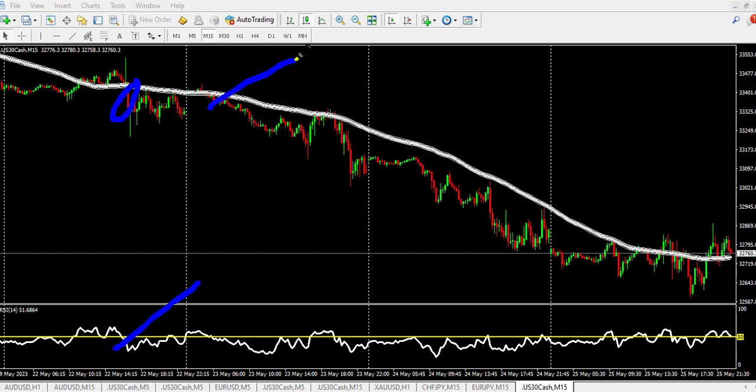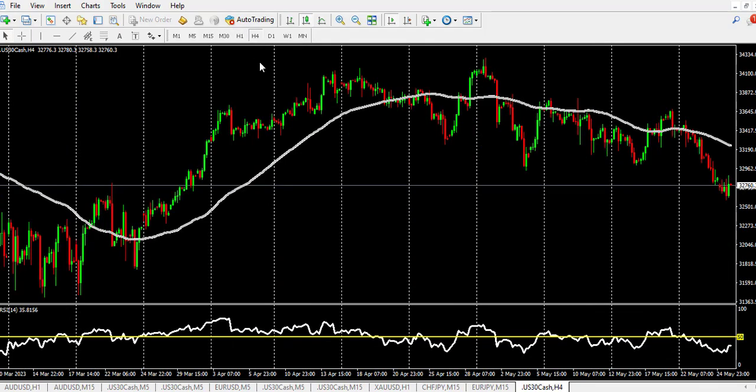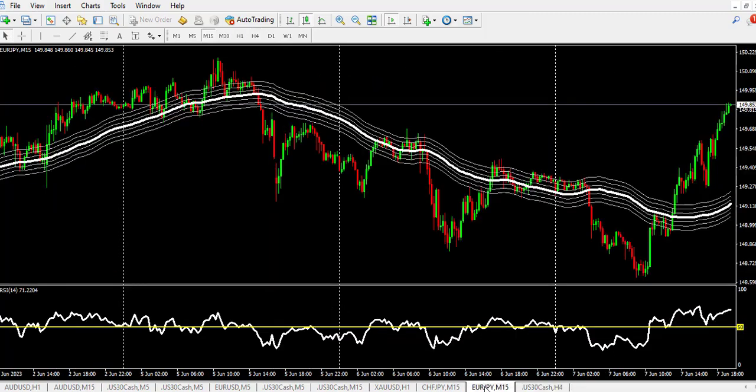And here we have a continuation, and you can use this on any time frame you want. Now let me show you how to set this particular indicator up. You can use it on any time frame, and let me show you how I come about these particular settings for these moving averages.